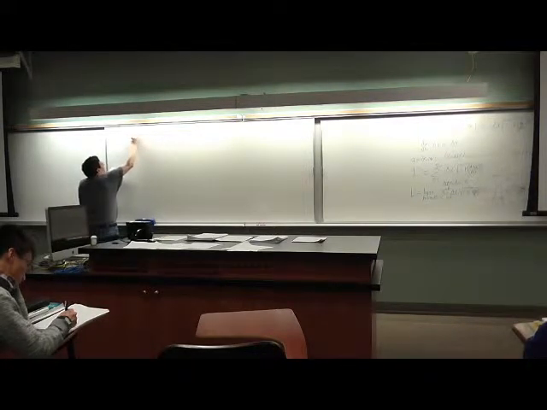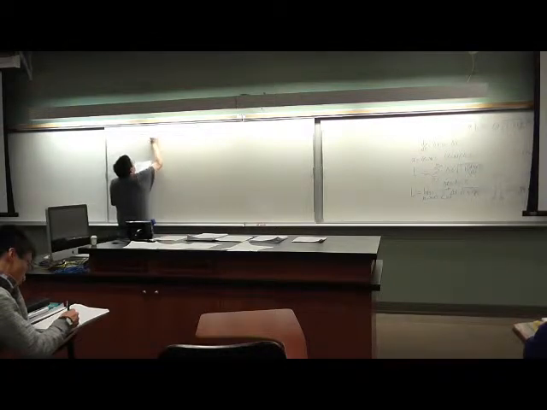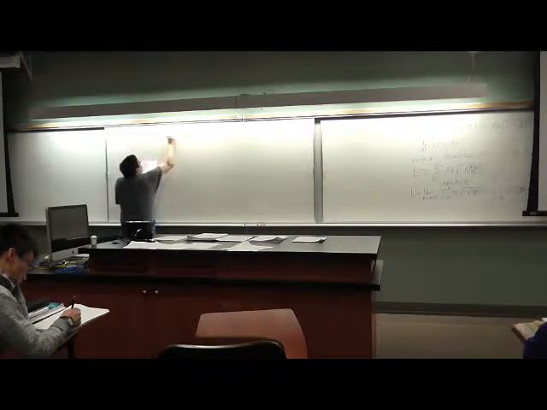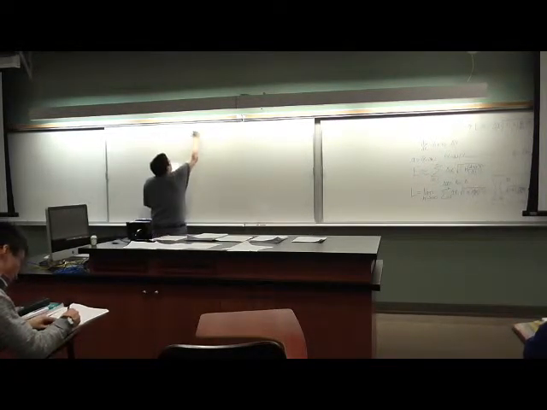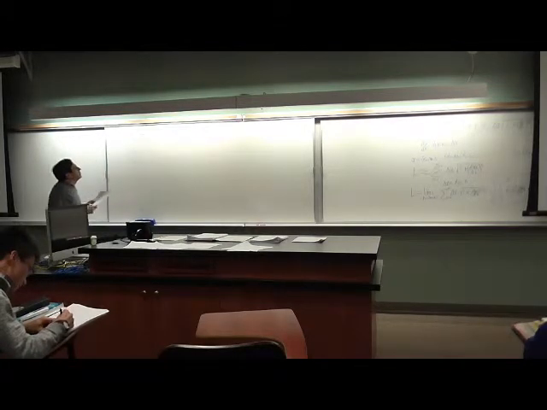So here we have the function 2e to the x plus 1/8 e to the minus x. And we want to evaluate it from x equals 0 to log of 2. All right?